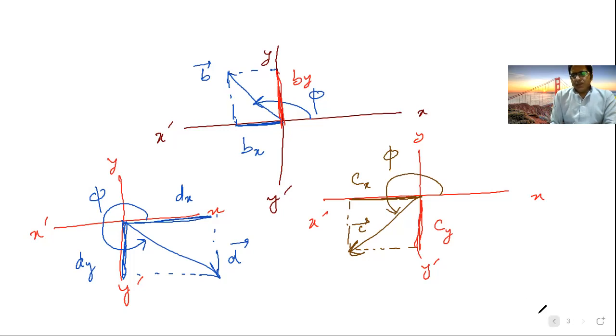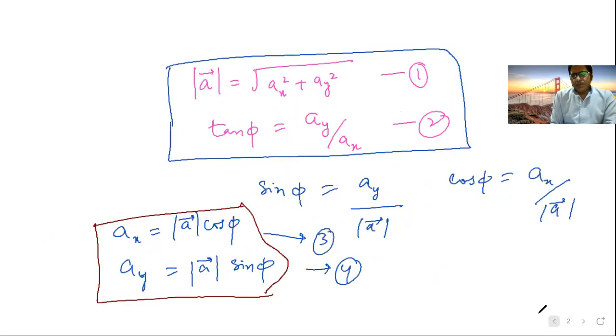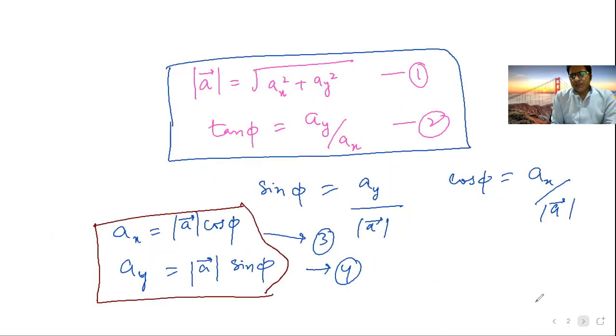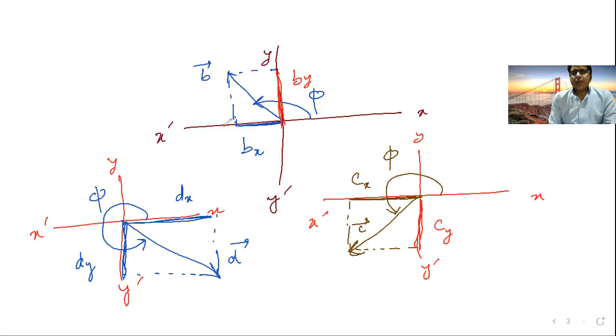So see, I can say if phi is between 0 and 90, the vector lies in the first quadrant, its x and y both are positive. If phi is between 90 and 180, then the vector lies in the second quadrant, its x component is negative, y is positive.